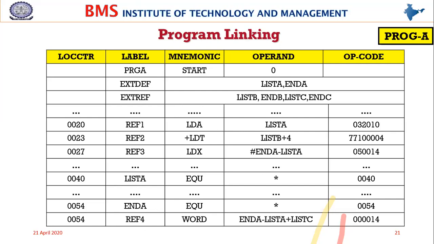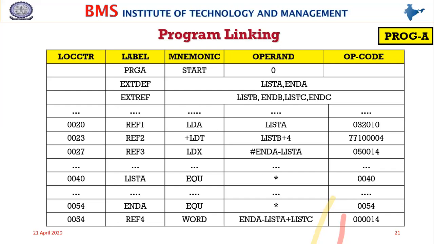So in the opcode place, you can see the +LDT value we have got, followed by 0004, meaning there is a 4 to be added with the value of LISTB. But this needs a modification record to be written by your assembler. So whenever it gets the value of LISTB, that should be added with this 0004, and whatever the result is will be the operand for this LDT.